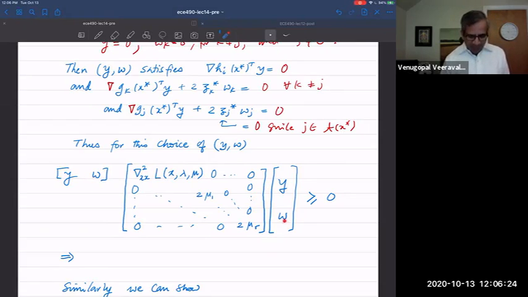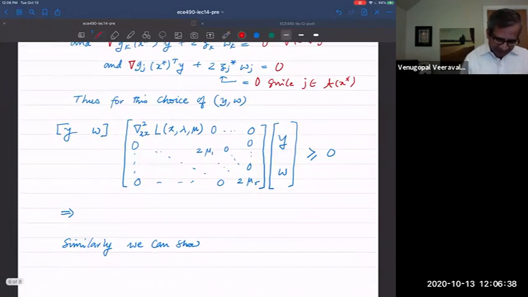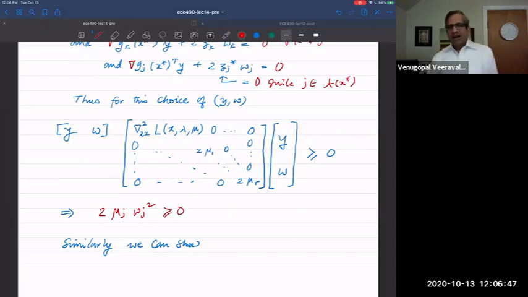All the w is also 0 except for wj. So for this to be non-negative, the only non-zero term will be mu j wj squared, and that has to be non-negative. But wj is not 0, and wj squared is positive. This product has to be non-negative. What does that imply about mu j?